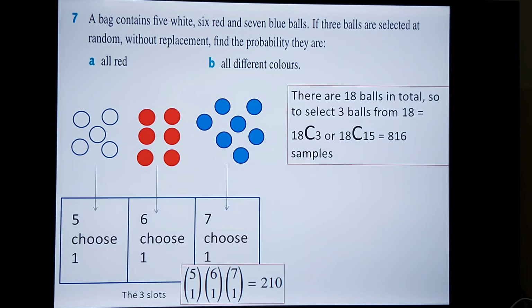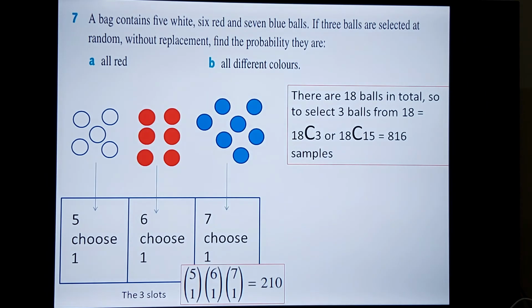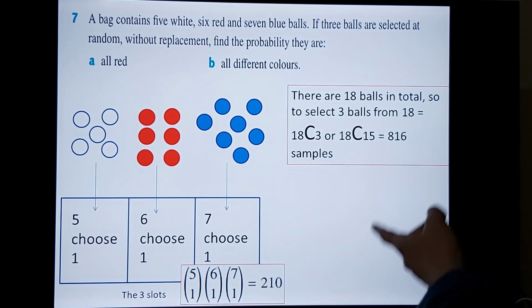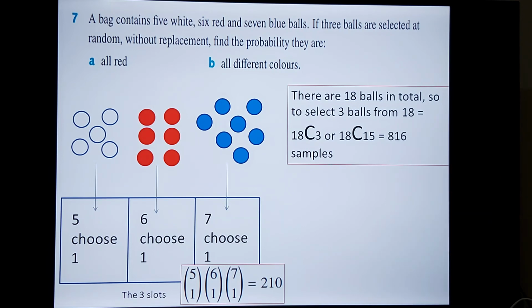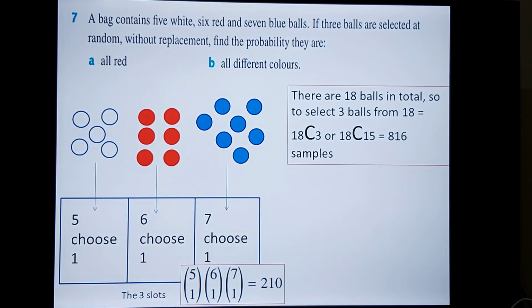Now, if all must be different in colors, so it has to be white, red, and blue. Among the 5 white balls, you must choose 1. Among the 6 red balls, you have to choose 1. Among the 7 blue balls, you have to choose 1. Which is 5C1 times 6C1 times 7C1, and it will be 210.